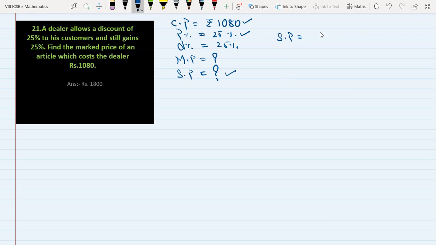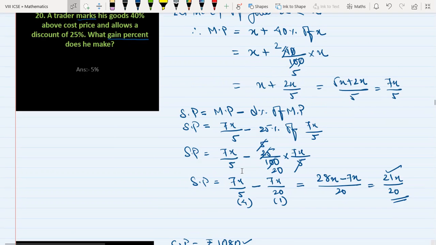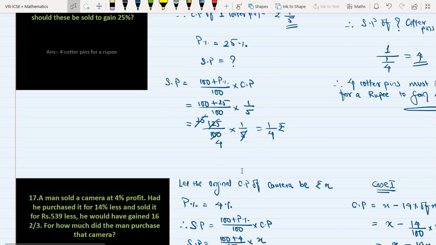Selling price is equal to 100 plus profit percent upon 100 multiplied by cost price. You remember this formula? See, I can show you again. If we just go to the second part, see, this is the formula I'm talking about, which we used in every other question of second part. Selling price is equal to 100 plus profit percent upon 100 multiplied by the cost price.